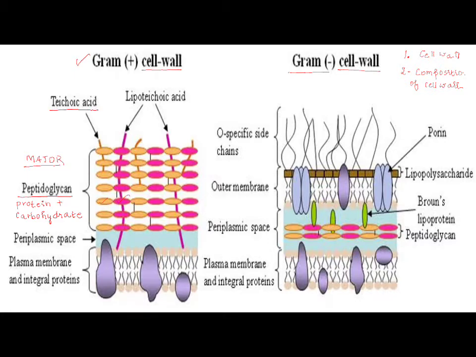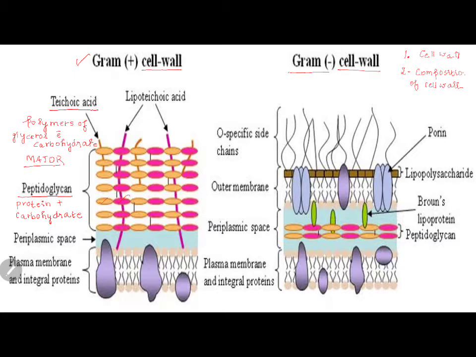Teichoic acid is polymers of glycerol. Glycerol is a 3-carbon alcohol with carbohydrate. So we already have carbohydrate in the peptidoglycan. This is the substance with which the bacterial cell wall is made.